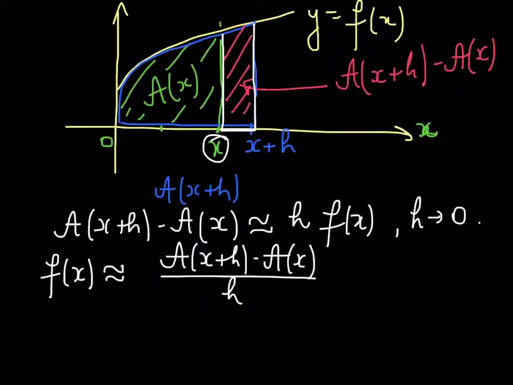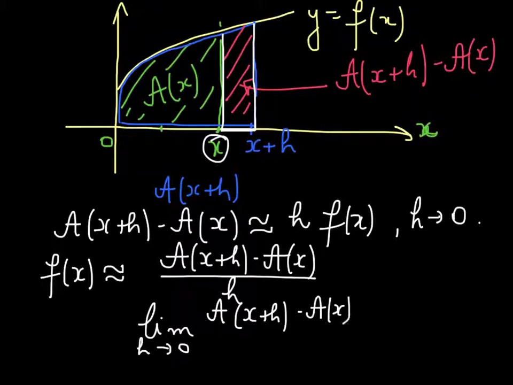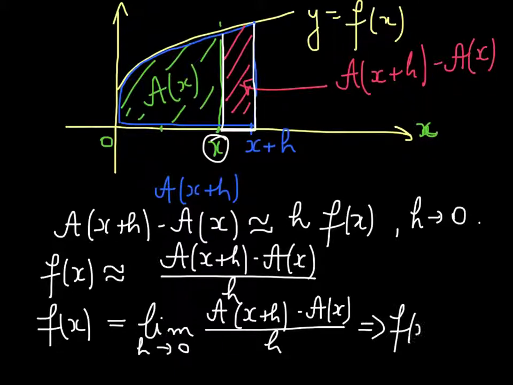And when h approaches 0, the limit as h approaches 0 of A of x plus h minus A of x over h is going to be exactly f of x. If you look at the right hand side of this equation, you'll recognize the derivative of A of x by the first principle. So f of x is the derivative of A at the point x.